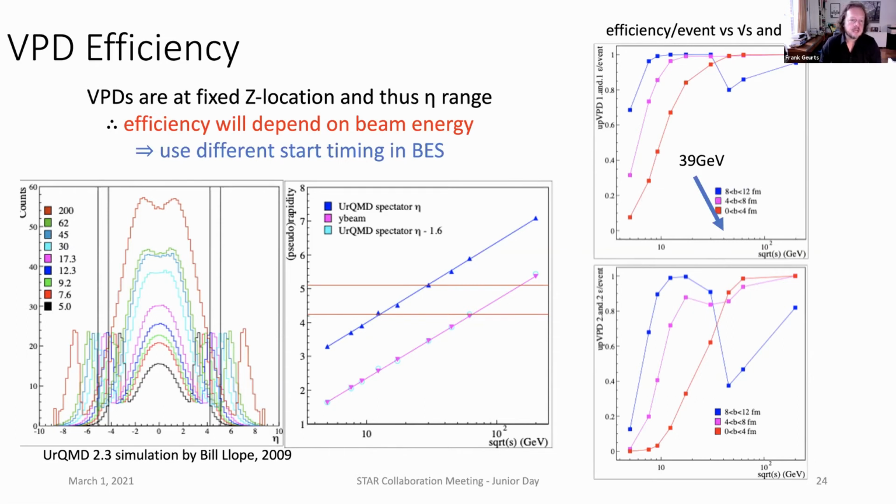That is why in beam energy scan analysis and in production, we are not using the VPD anymore as a start time, but rather use a concept called startless timing, or bootstrapping the time of flight off itself, and we'll discuss that a little bit more later.